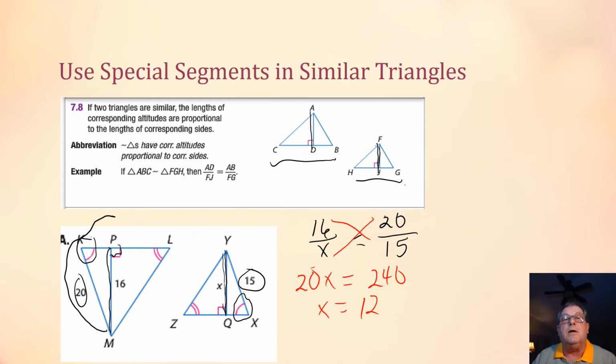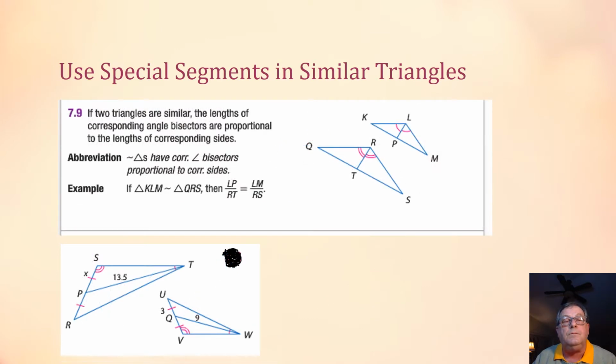Now let's go look at another one that involves an angle bisector. Here we have another theorem that says if two triangles are similar, the lengths of the corresponding angle bisectors are proportional to the lengths of the corresponding sides. We looked at altitudes, now we're looking at an angle bisector.